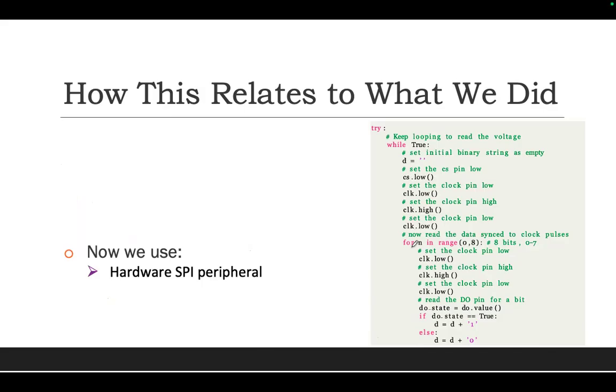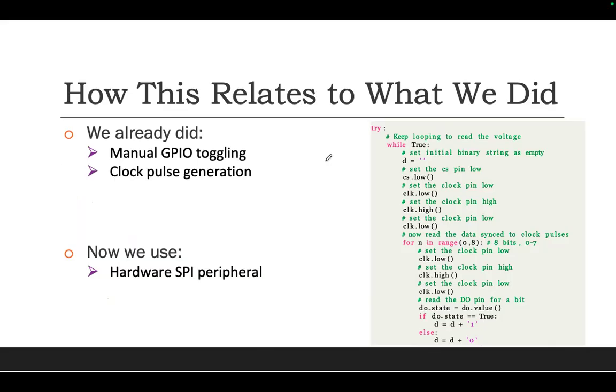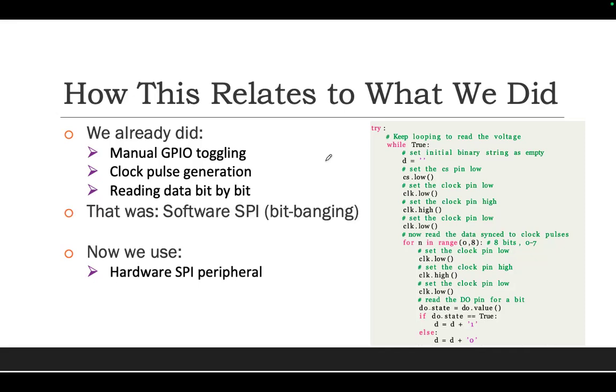We used code to enable the CS, we used code to create a clock, and we did manual GPIO toggling, clock pulse generation, and reading data bit by bit. That was software SPI. And then we need to use the hardware SPI peripheral. I want to compare those two again.